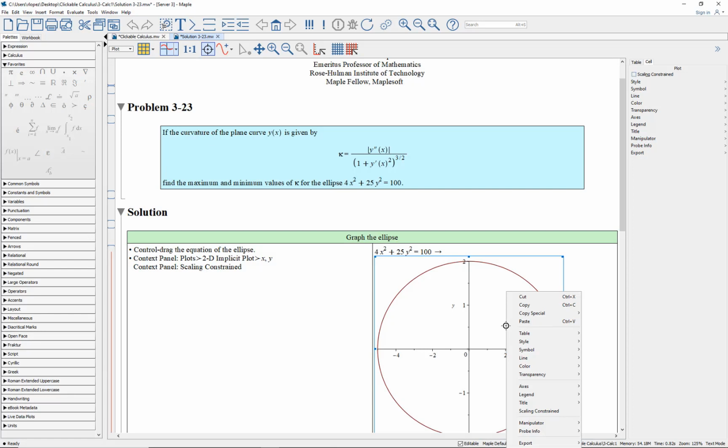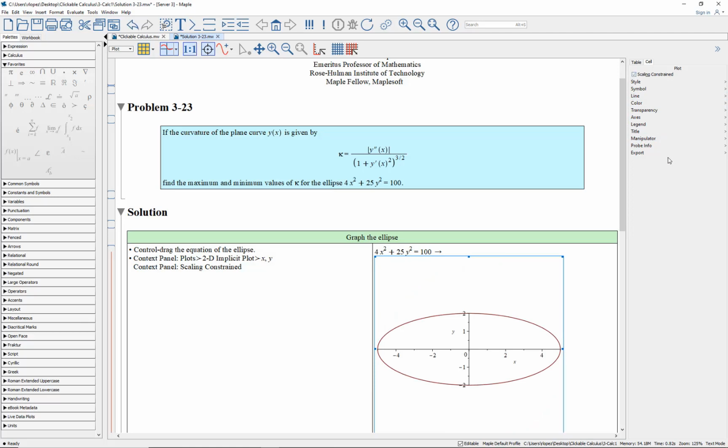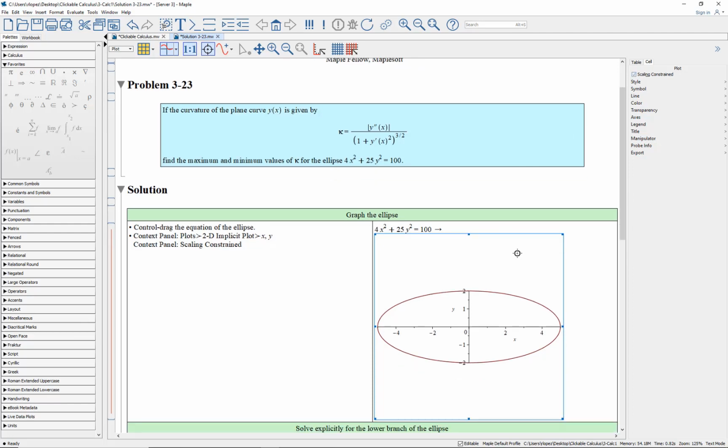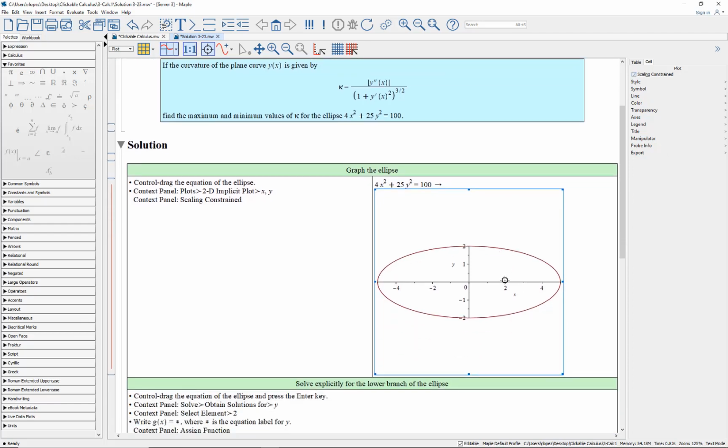Now we can right click on the graph and select constrained scaling from here, or we can do it from the context panel. Looking at the graph, it would appear that the semi-major axis is 5 and the semi-minor axis is 2.